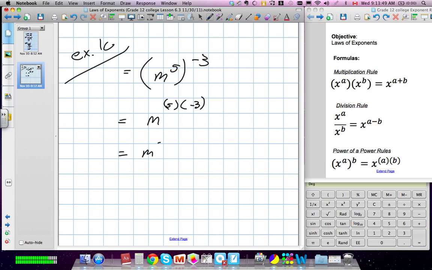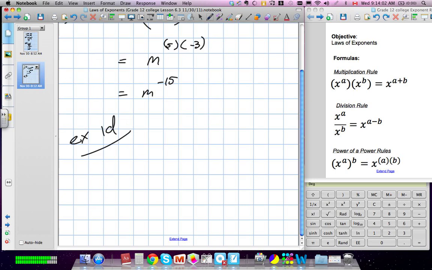All right, we went through each of our rules. Now we're going to put them together. We have a to the power of 2 times a to the power of negative 5 divided by a to the power of negative 2, all to the power of 3. So, before we start, I want to point out that we are actually encompassing all 3 of these rules right now.